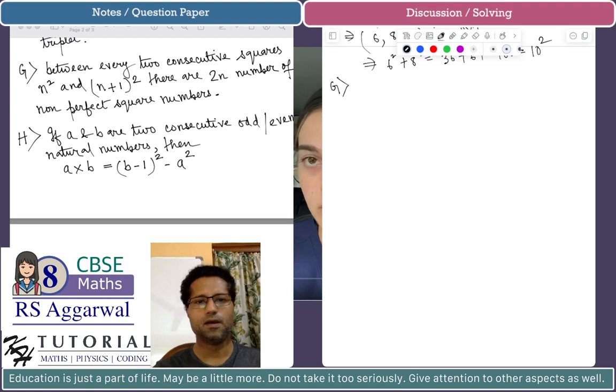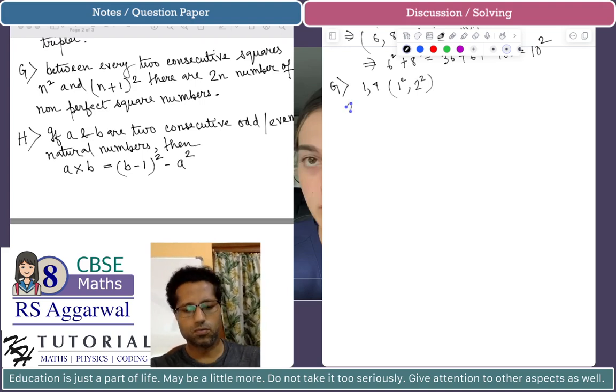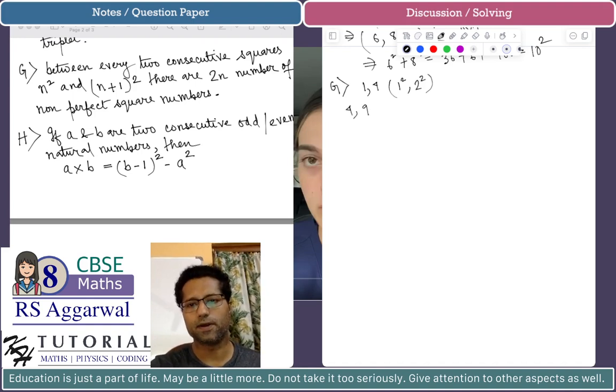What is meant by consecutive squares? 1 and 4 are consecutive squares because they are 1 square and 2 square. 4 and 9 are consecutive squares because they are 2 square and 3 square.